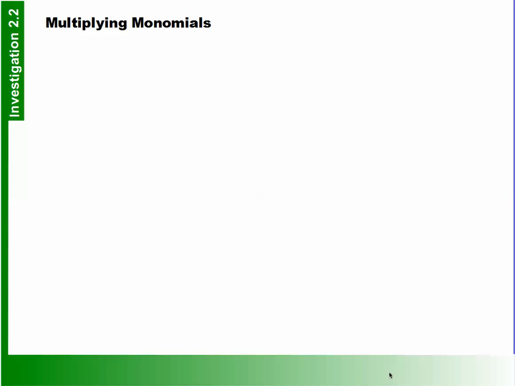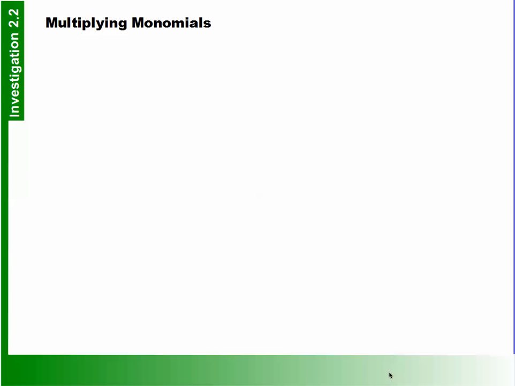Now, monomial. Can anyone tell me what mono means? Margot? A disease. Mononucleosis is an illness. That's not what I'm asking. What I'm asking is, what does the prefix mono mean? Yes?